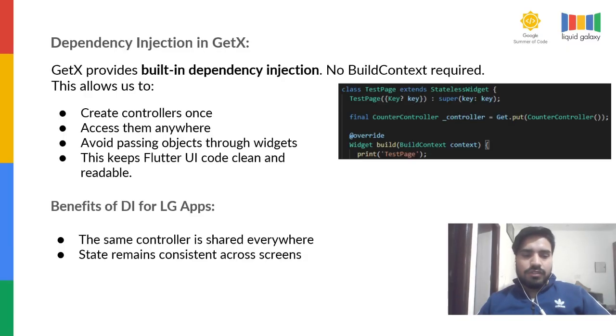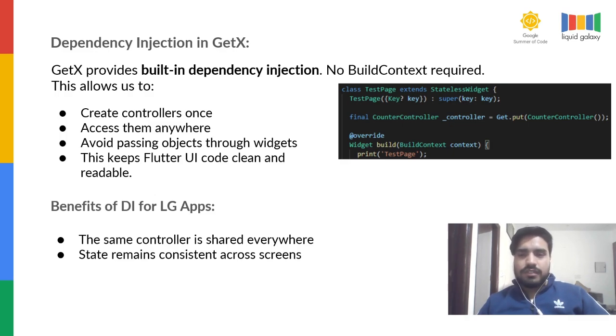Means if you define a controller in the login page, you can easily access it in the dashboard page or any other page, and this keeps Flutter UI code clean and readable. As you see in the image, I use Get.put to inject the controller in a test page.